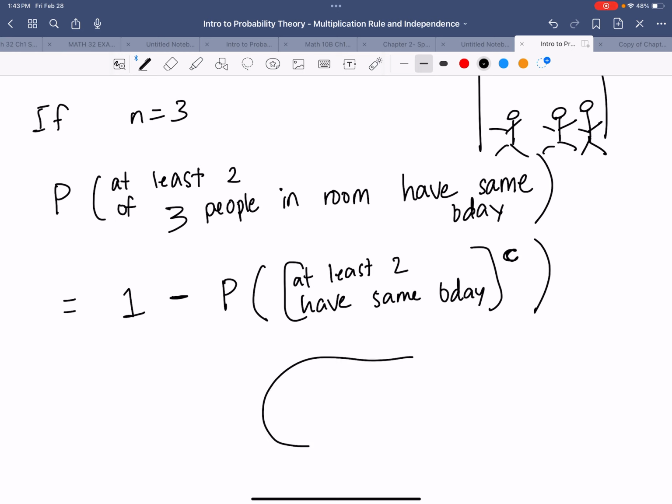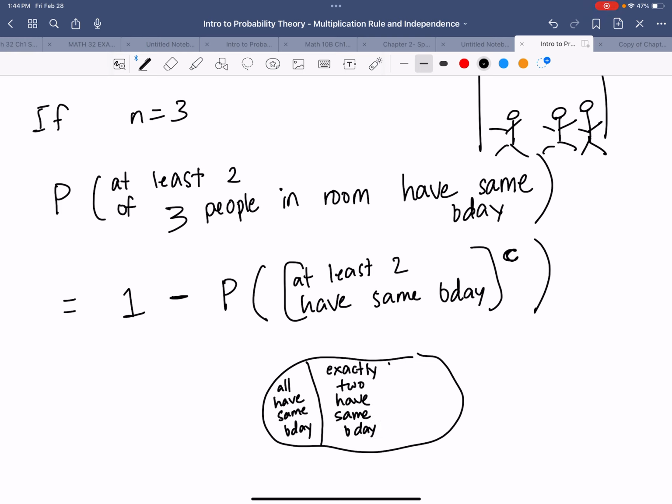Okay, we'll think. So for our possible outcome space, they could all have the same birthday. So all 3 of them have the same birthday. Or 2 of them have the same birthday and 1 of them doesn't. Or they all have different birthdays.